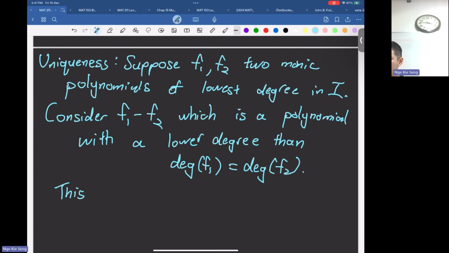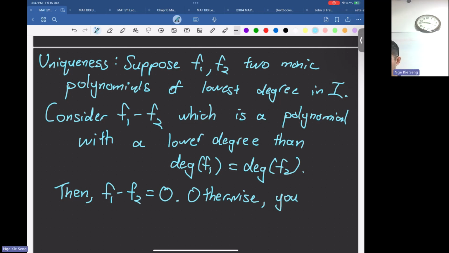So F1 minus F2 must be 0. Otherwise, you would have a lower degree polynomial.